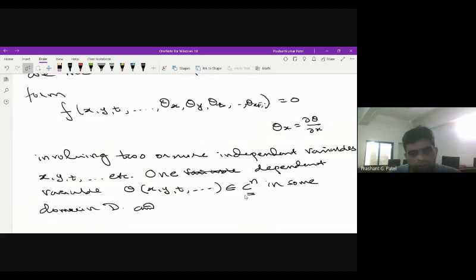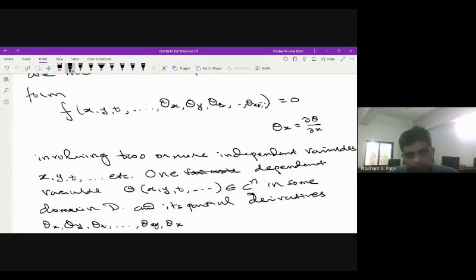Its partial derivatives, that is theta x, theta y, theta t, and so on, theta x y, theta x t, and so on, all of them belong to Cn.